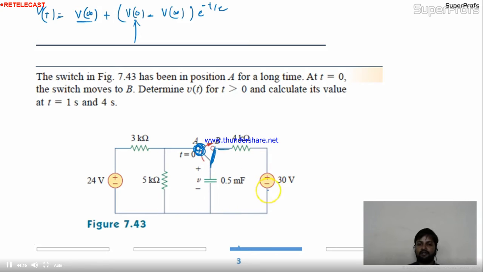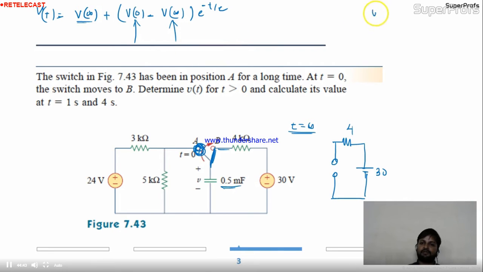After a very long time, the capacitor will be open again, because you need to calculate V infinity now. So now the circuit will be again, this is 4K, this is 30, and this is open circuit. T equal to infinity I am talking about. Again this is the open circuit. So V infinity is nothing but 30 directly. You calculated this one also. V infinity is 30. V0 is 15.